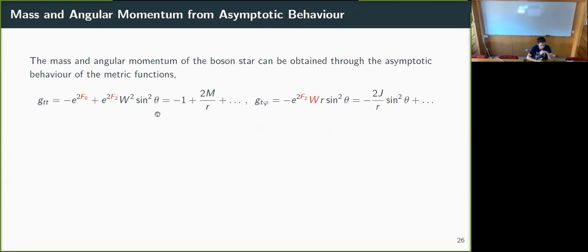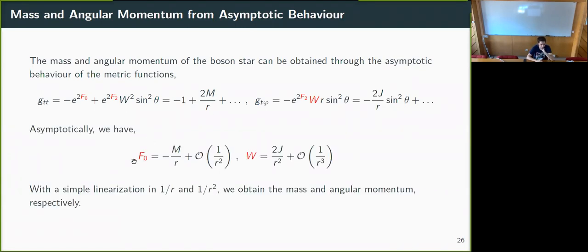So if you do an asymptotic expansion of these equations, you will find that the f0 function has the information of the mass, and the W function has the information for the angular momentum.